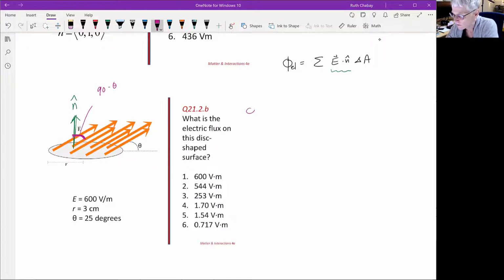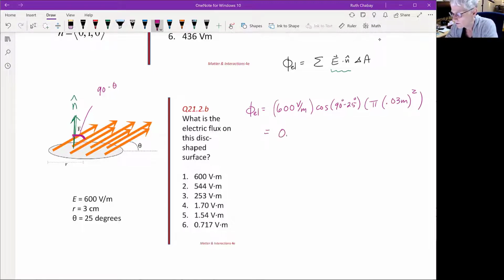So what we want for the electric flux is going to be equal to 600 volts per meter. And here we're going to use the magnitude of E, magnitude of n hat, cosine theta formulation, times the cosine of 90 minus 25 degrees, times the area, which is pi times 0.03 meters quantity squared.